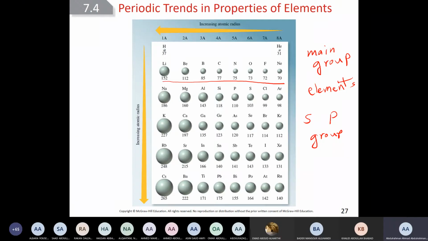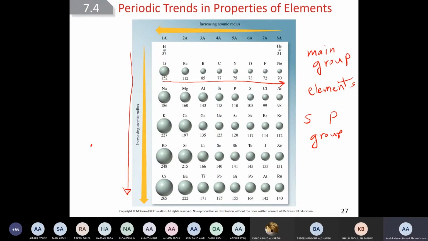What happened to the size as you go across the periodic table? Decreasing. What happened to the size if you go from up to down? Increasing. Why?